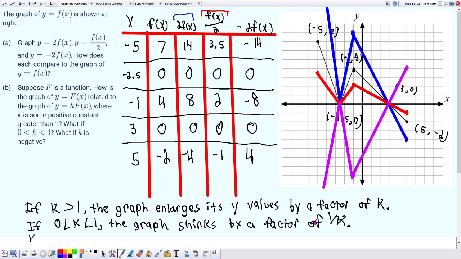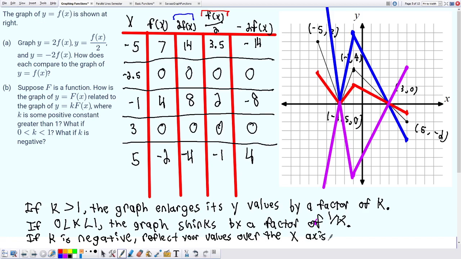And if k is negative, then we reflected our values over the x-axis. And that's it.